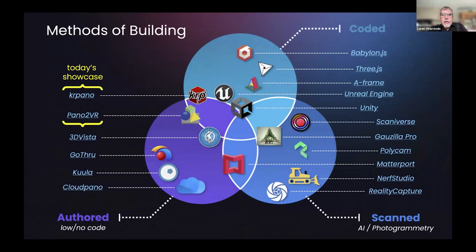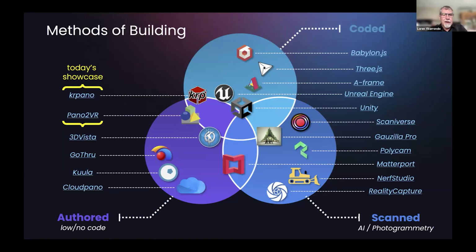This shows, and this is my opinion, kind of trying to take a crack at the ecosystem here, and I'm breaking it down in this Venn diagram to three areas. One I would call the authored, or they'd be the builders or the turnkey solutions, lots of different words, but they're for content creators or photographers, people who don't want to code, or have a minimal level of code, because it's not really no code or code.